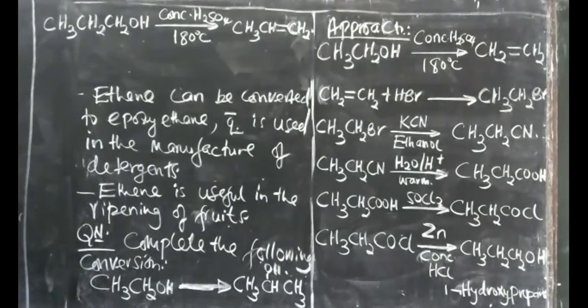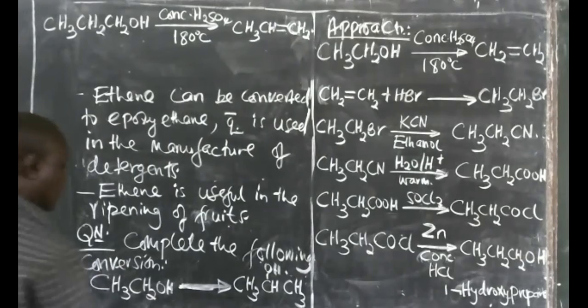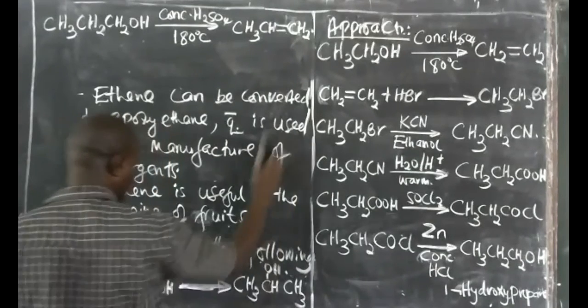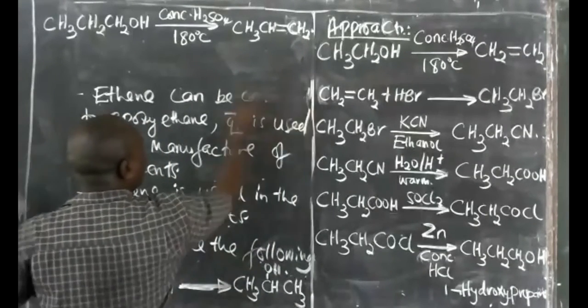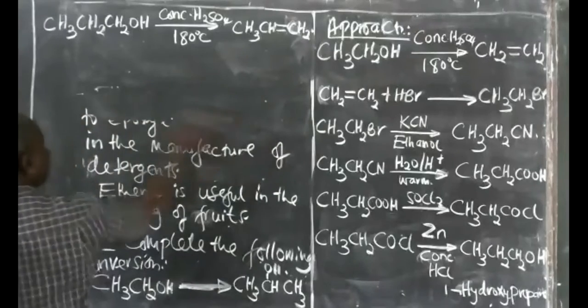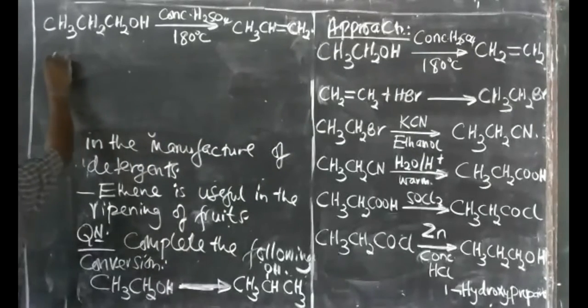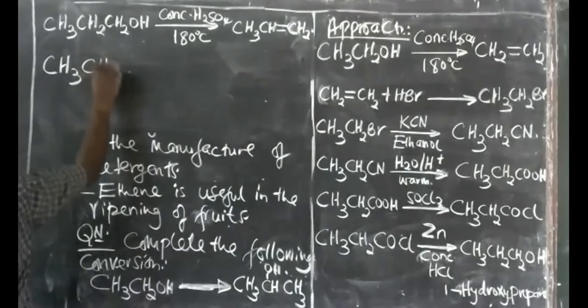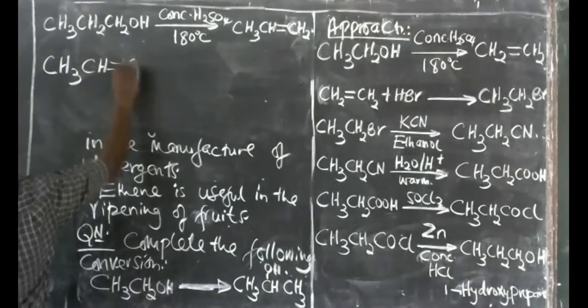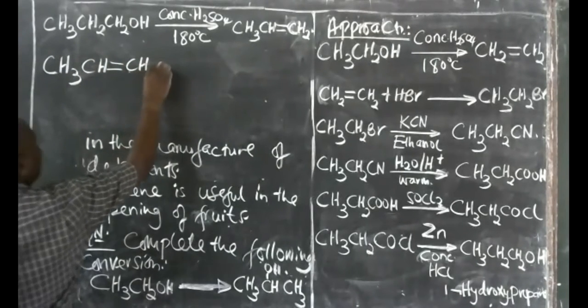Then from there, we can go back to our secondary alcohol. The final reaction is going to be CH3CH=CH2.